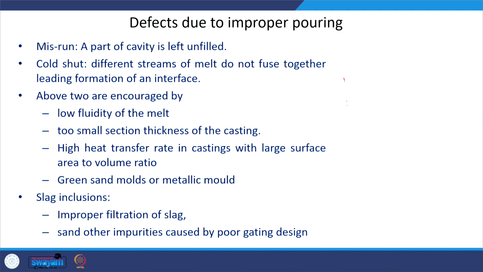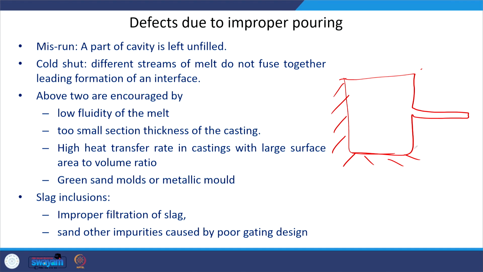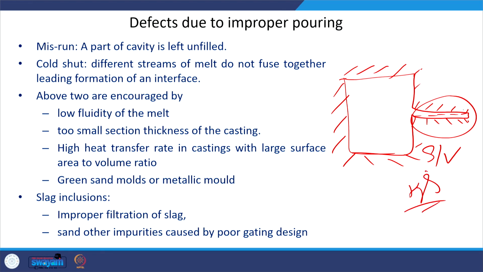I will give an example. Say this is the kind of geometry. Here, for this section the surface to volume ratio is higher as compared to the other zone. If we see the S by V ratio for this section is very high, it means heat from the molten metal will be extracted very rapidly as compared to the other section where the S by V ratio is less.